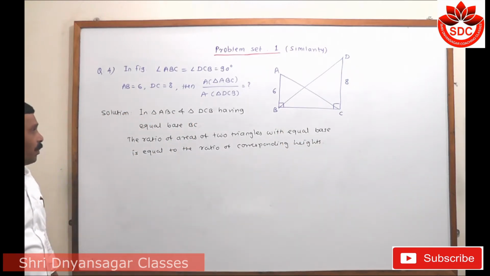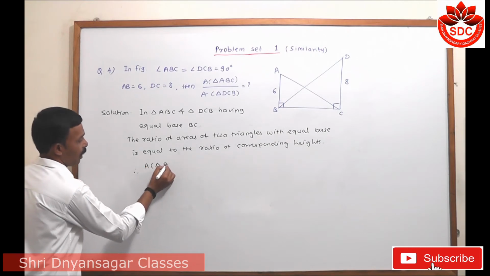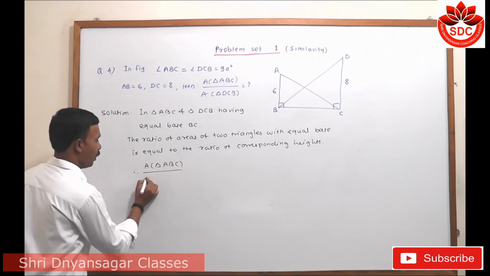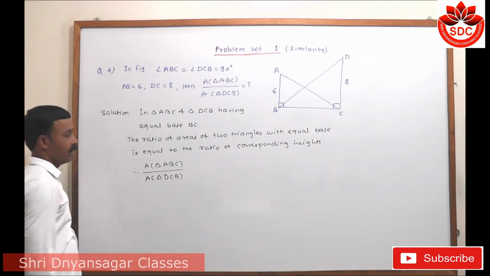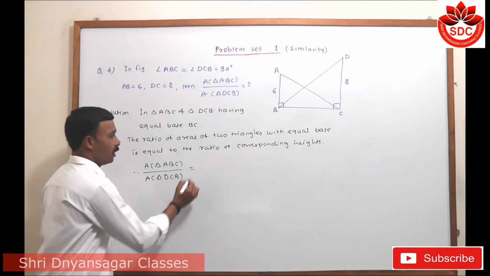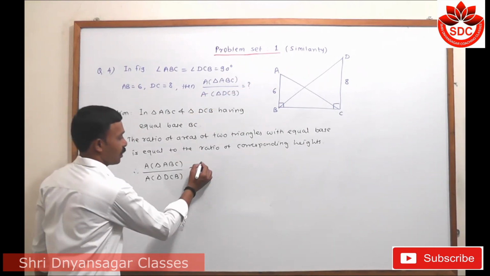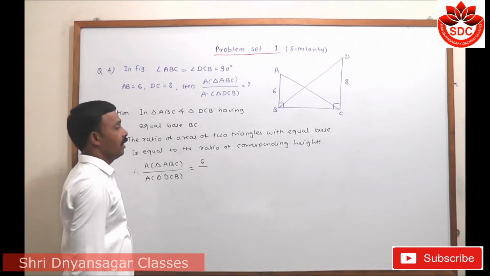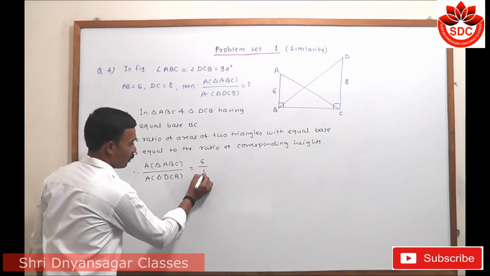By using this property, we write: therefore, area of triangle ABC upon area of triangle DCB is equal to their corresponding heights. The height of ABC is 6 and the height of DCB is 8. We substitute these values.